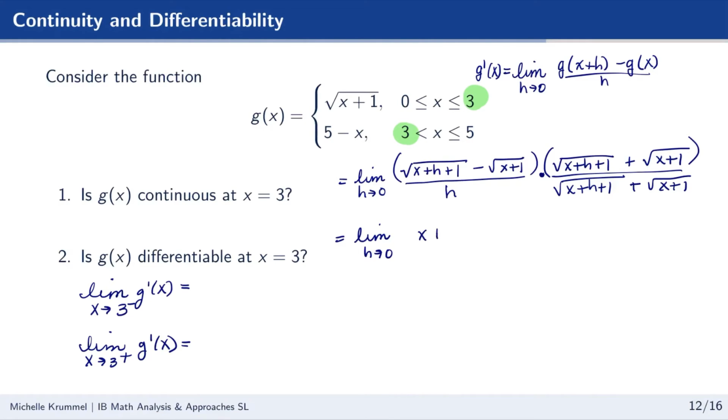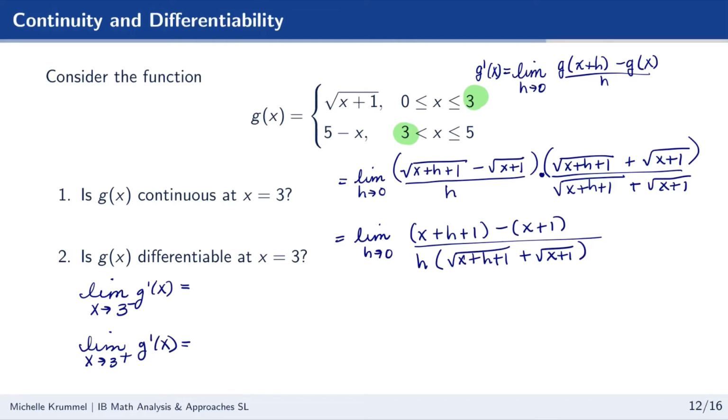So I get x plus h plus 1 minus x plus 1 over, and I'm not going to simplify the denominator because I'm hoping that I can eventually cancel out an h from the numerator and the denominator.